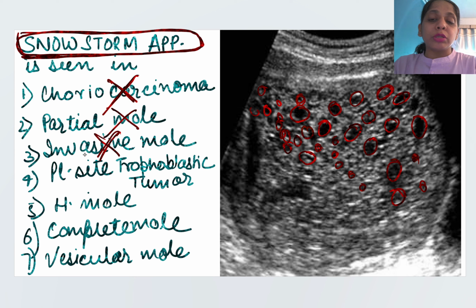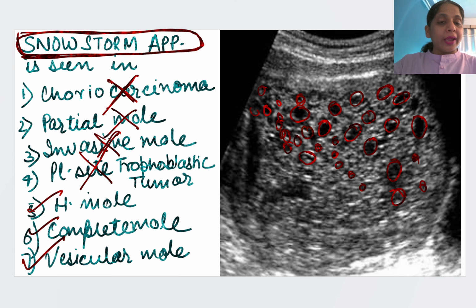Then sometimes they also give placental site trophoblastic tumor. Again you are not going to mark it. Snowstorm appearance is seen in hydatidiform mole, which is another name for complete mole, also called vesicular mole. For all these three options you will mark yes, snowstorm appearance is seen.